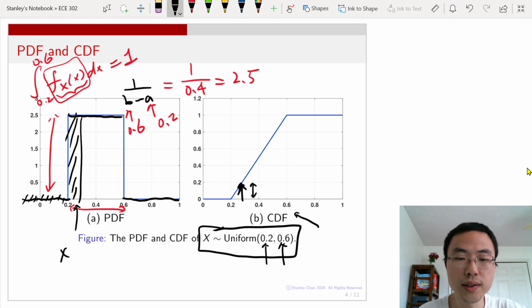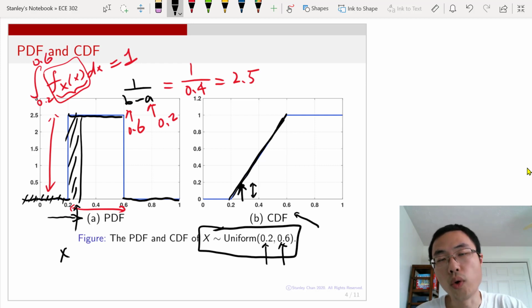So why is it a straight line? The reason is that the PDF that you have is a rectangle, and so as you move from the left to the right, you are uniformly increasing the area under the curve, and so that's why you will have a straight line.